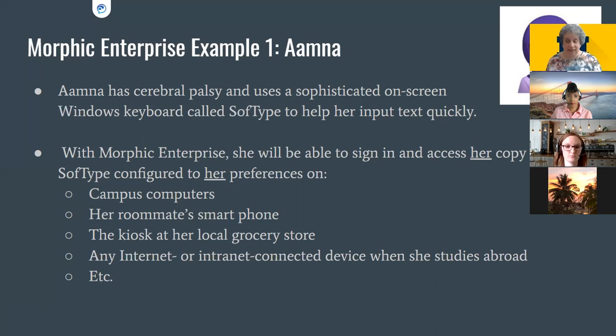When she goes to do a study abroad in Finland or the Arctic Circle or anywhere, it's just going to be able to let her log in, have her technology come up, and just be able to go. Next slide, please.